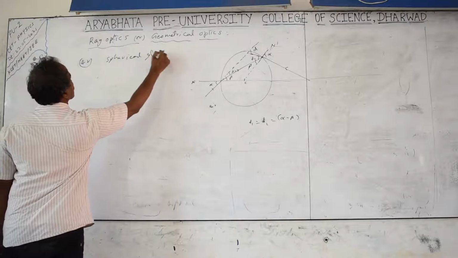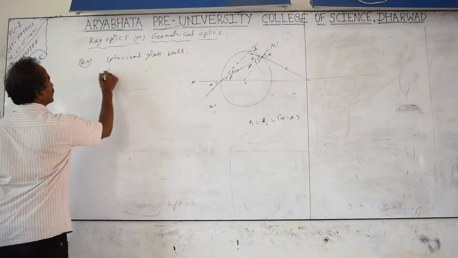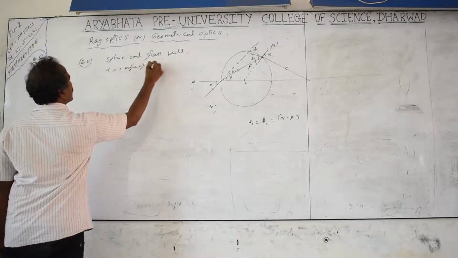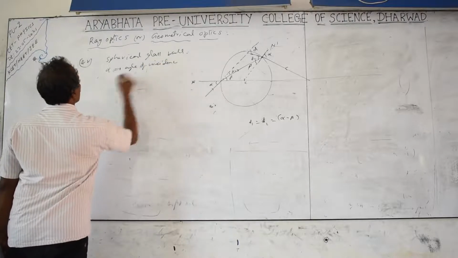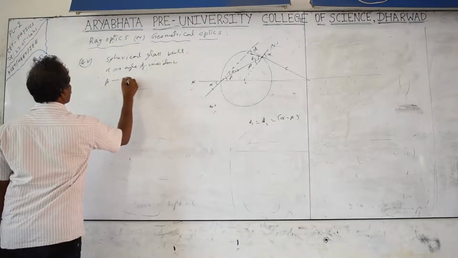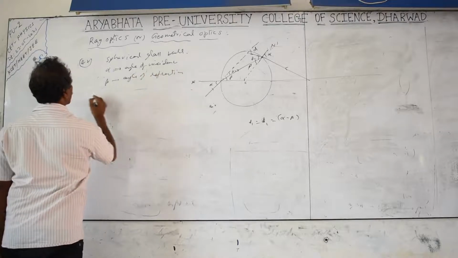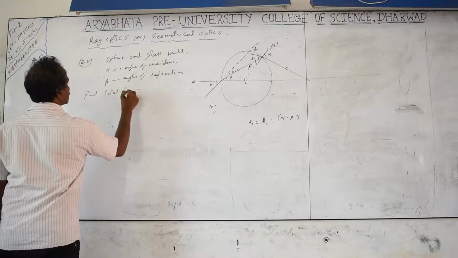Alpha is the angle of incidence, beta the angle of refraction. Find the total deviation.